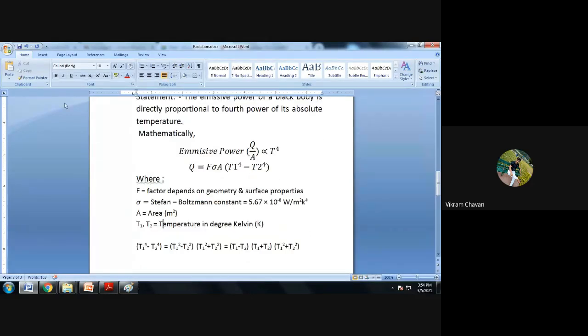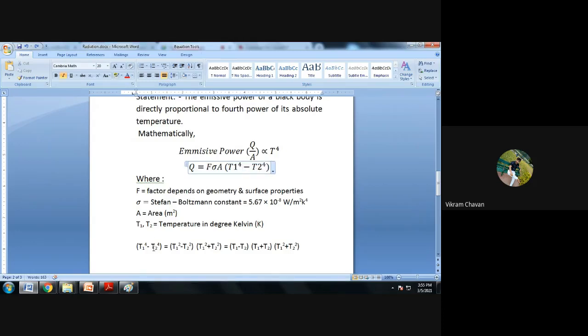First of all, we know that I is analogous to Q, and dV is analogous to the temperature difference dT, that is T1 minus T2. So for that purpose, we have to expand T1 raised to 4 minus T2 raised to 4.